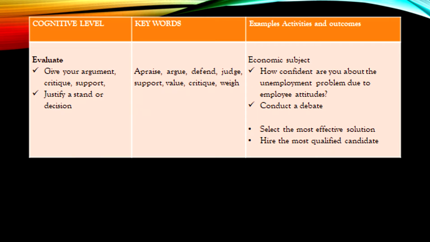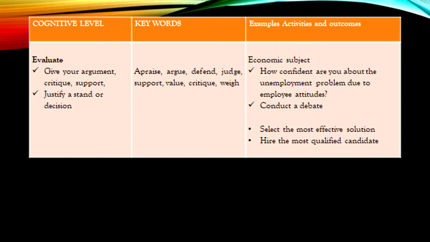Okay, the second cognitive level, evaluate. Evaluate means to give arguments, critique, support, and justify a stand or decision. The evaluation level refers to the process of making assessments based on certain criteria or standards.